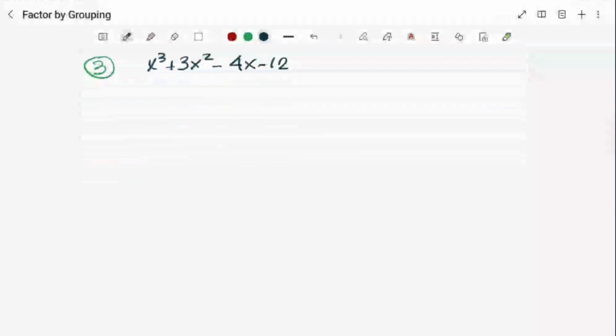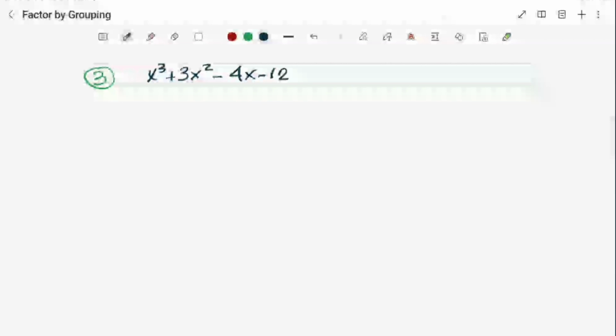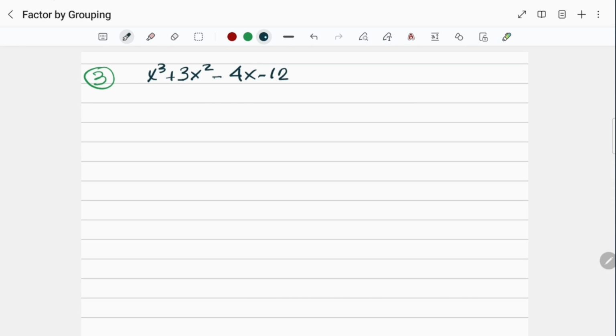Okay, our next exercise, factoring by grouping. As the procedure says, try to check for a common factor in all terms, the GCF of the four terms. We don't have a common factor. Then the second step is separate the terms two and two. I'm going to do that. Parenthesis, parenthesis.